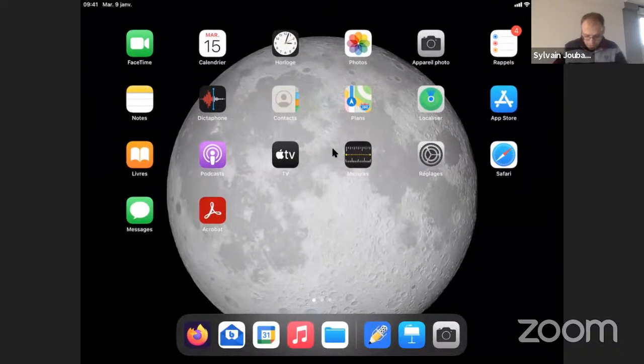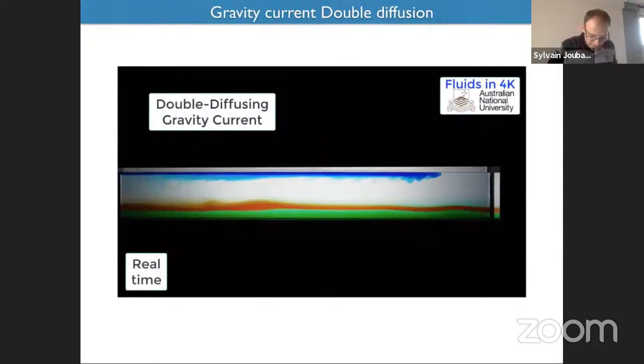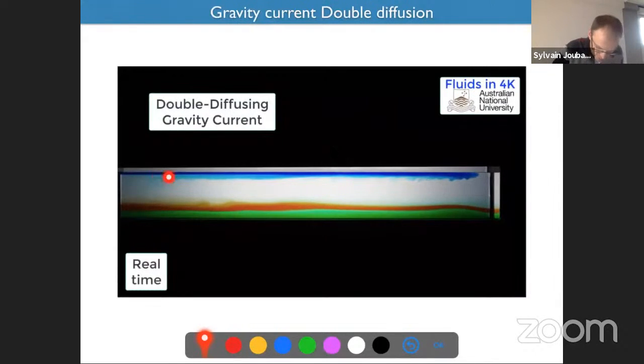So I will go to this nice movie. So you have again a gravity current, which is this one at the top. This one at the top is a warm fluid, so its density is smaller. It's slightly salty.